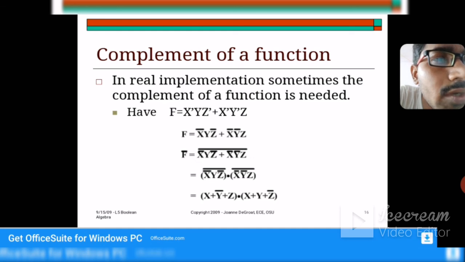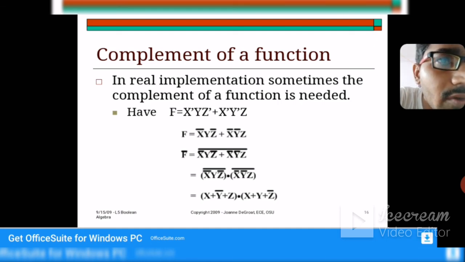the complement of a function can be calculated by using De Morgan's law. So in the fourth line, after finding the complement of each of the terms in the second line, in the third line we again apply De Morgan's law to each of the terms. So it gives x, because the complement of x bar is always x, plus complement of y is equal to y bar, and plus complement of z bar is equal to z.